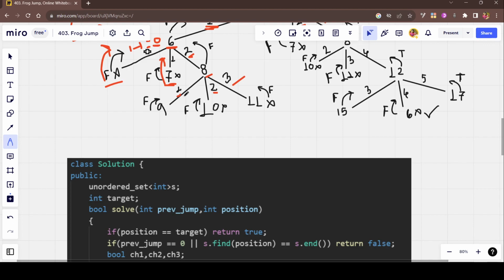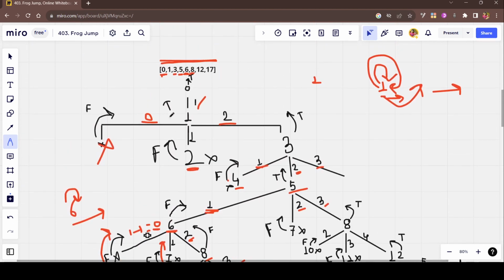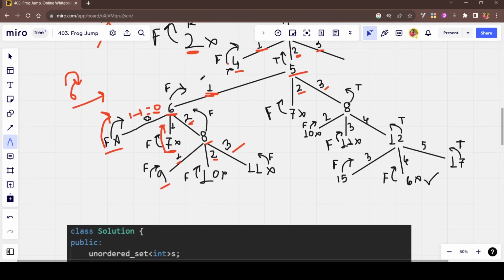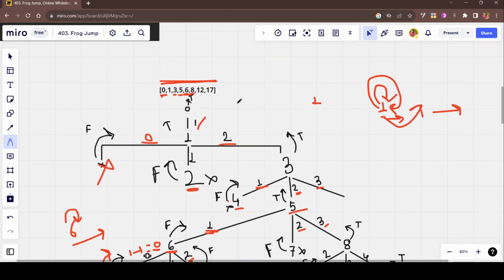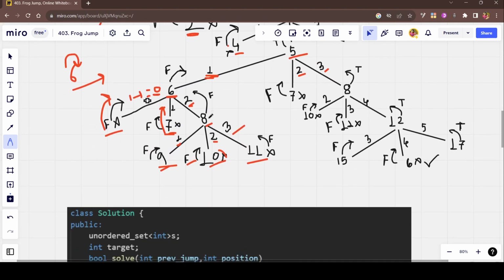Now, if I take a jump of 1 unit, 8 plus 1, 9. 9 is not present. So we directly return false. 8 plus 2, 10. 10 is not present. So directly return false. 8 plus 3, 11. 11 is not present. No stone is present on those indexes.